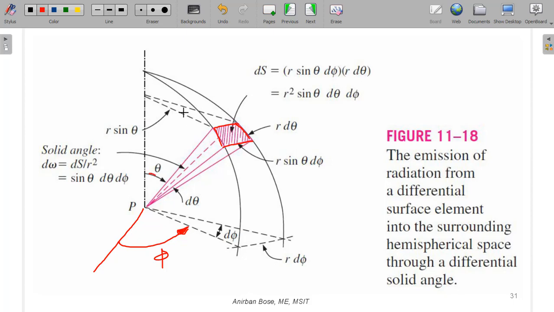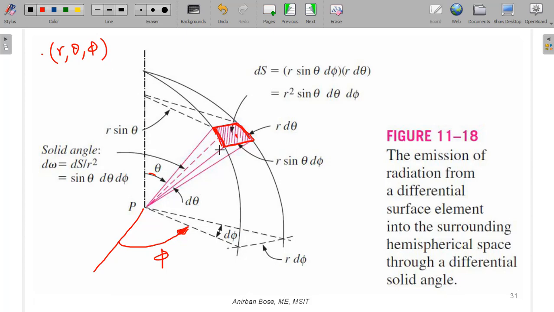Because in a spherical coordinate system, it is r, theta, phi by which we symbolize a particular point. So if we want to find out the solid angle subtended by this small area segment, this dA is this length multiplied by this length, you can consider.